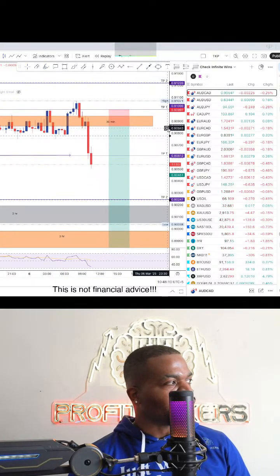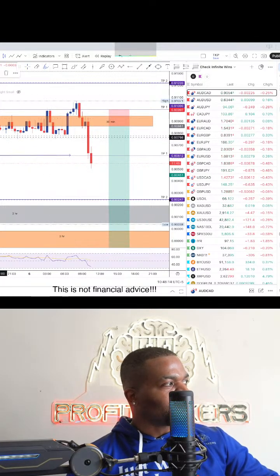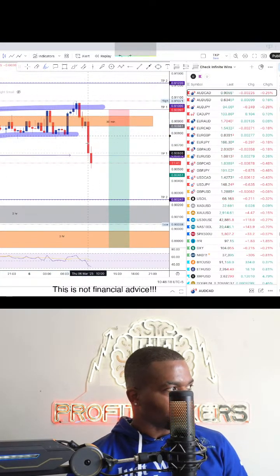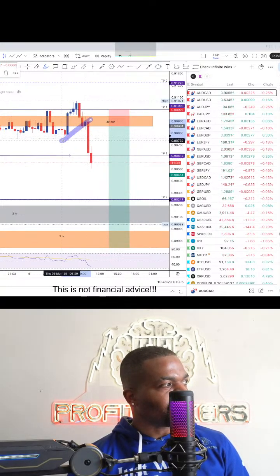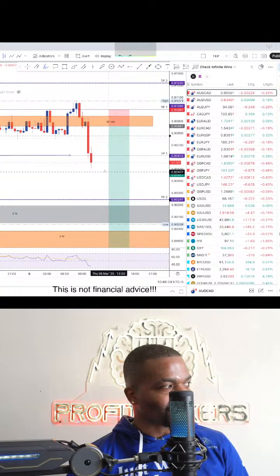Now, in noticing that anytime you have consolidation like this and you get a break, whichever area you see that break, those places are normally retested.